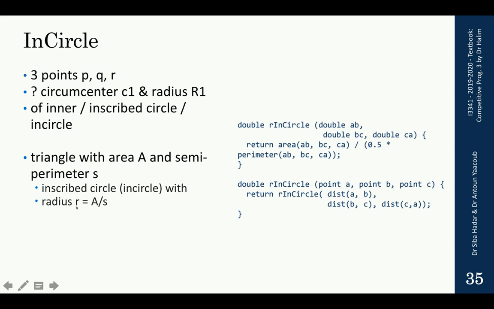Its radius is equal to the area of the triangle divided by the semi-perimeter, and that's how we calculate the R incircle given the length of the 3 sides, or given the 3 points. In this case we call the previous function.